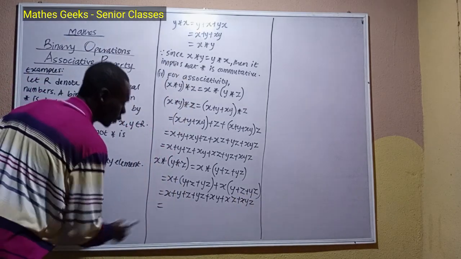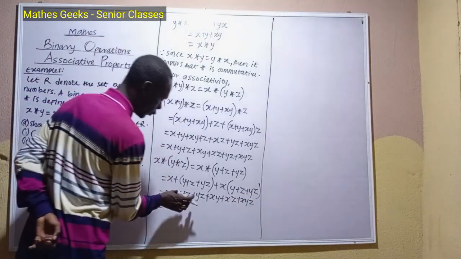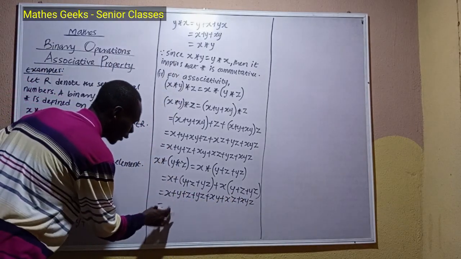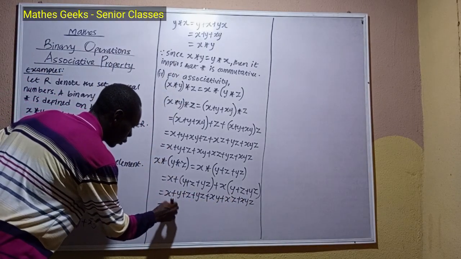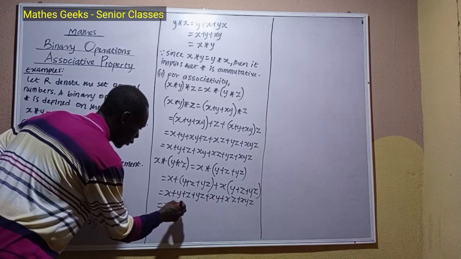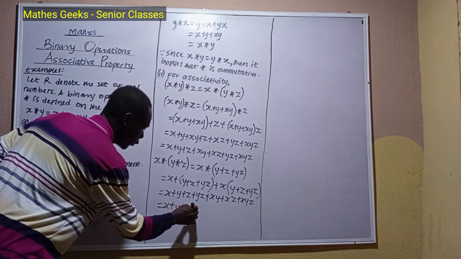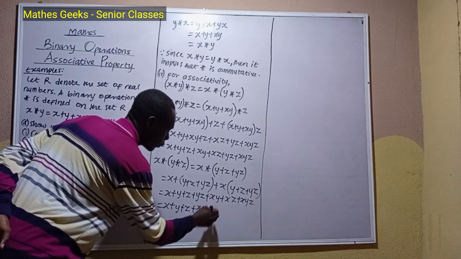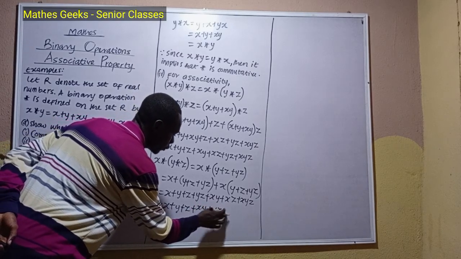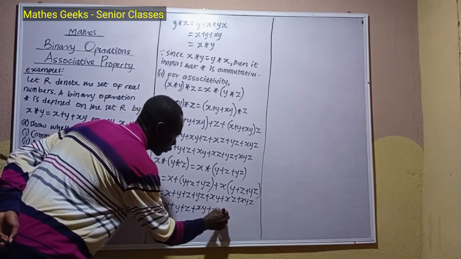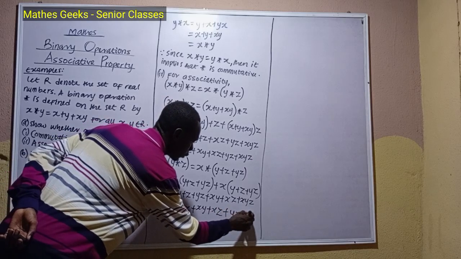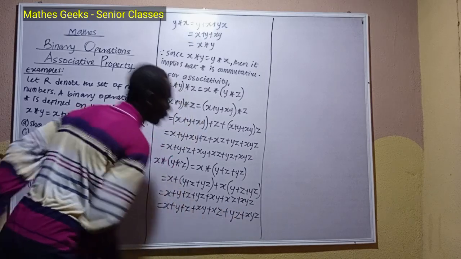Let's see if we have any commonality. We don't have like terms, so just arrange alphabetically: x plus y plus z plus xy plus xz plus yz plus xyz.